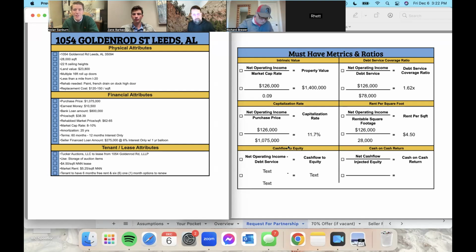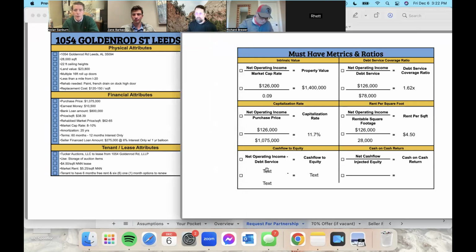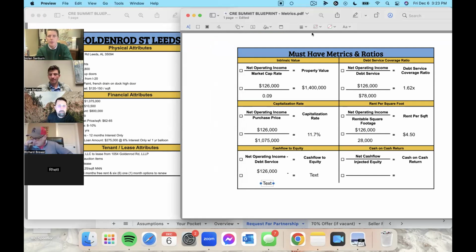Okay, cash flow to equity. Net operating income, $126,000. We divide that. Let's see. We're dividing or subtracting?